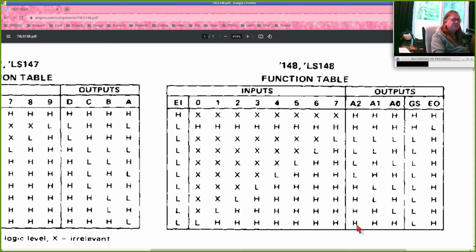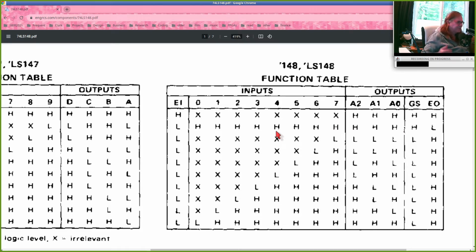The output here, which is 1, 1, 1, would be a 0, which corresponds to line 0 is low. And that's also the output if none of your inputs are low. So this has basically an inverted or reversed operation on the outputs as well as the inputs.